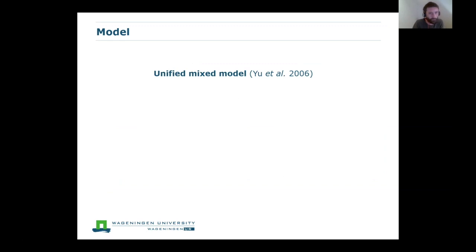It's a model that is also used in GWAS analysis, and is also called the unified mixed model. It's a model in which the phenotype has this form, where Y is the vector of phenotypes, and the beta vector and the v vector are fixed effects.